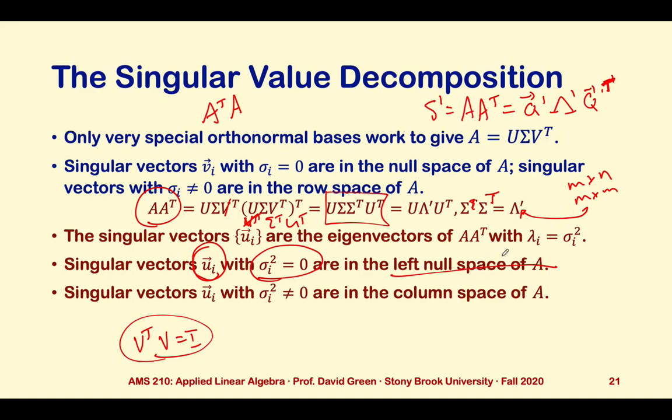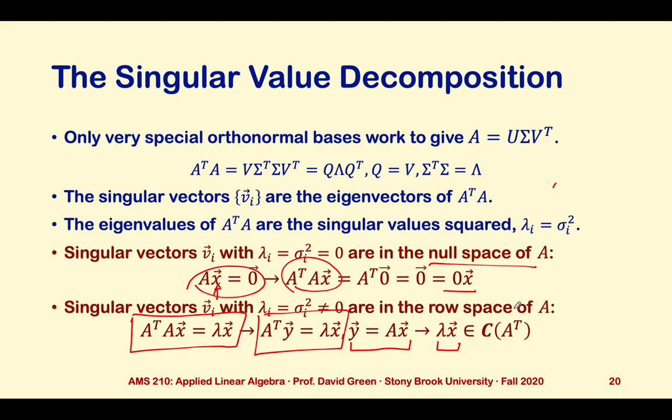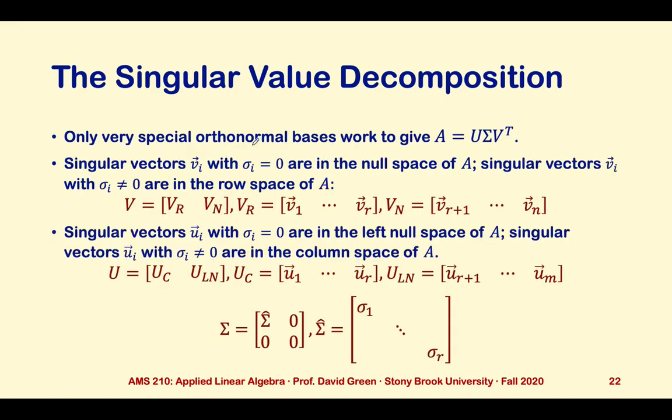So now we're dealing with A transpose instead. The singular vectors u i with non-zero singular values will be in the row space of A transpose, or the column space of A. This all follows exactly the same logic that we used to get our understanding of the vectors of V. All right.